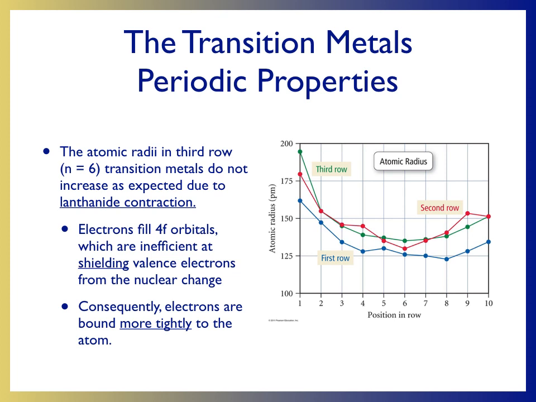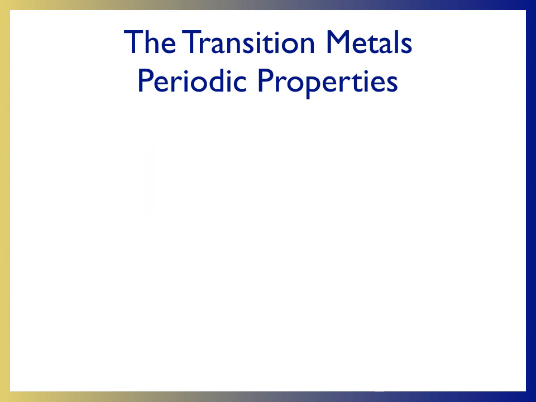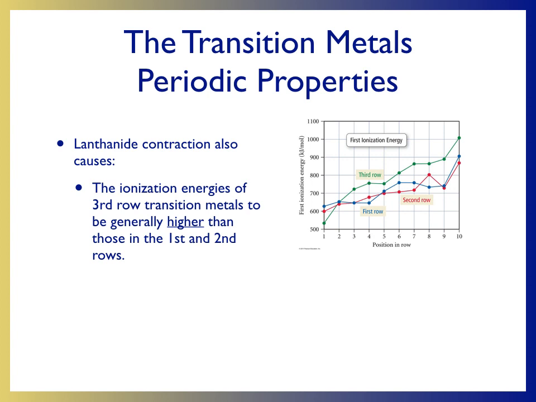Again, this trend is mainly seen in looking at atomic radii, but it has effects on other periodic properties too. For example, if we compare ionization energies for third row transition metals to those of first and second row, we see that the ionization energies for third row transition elements are generally higher than those in first and second rows.